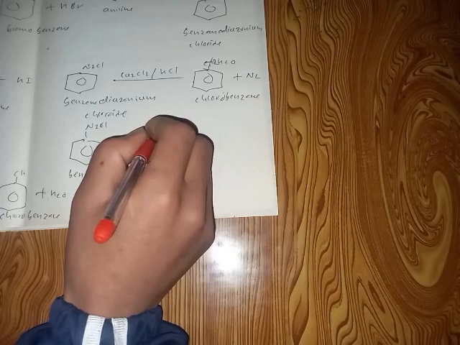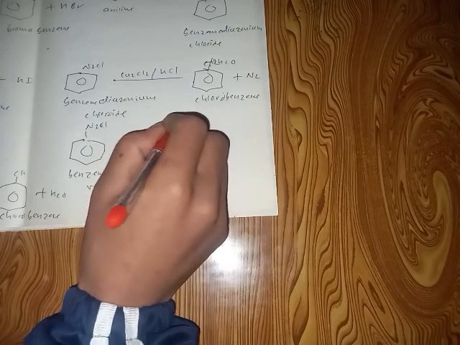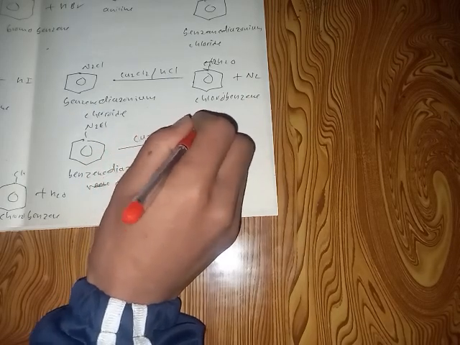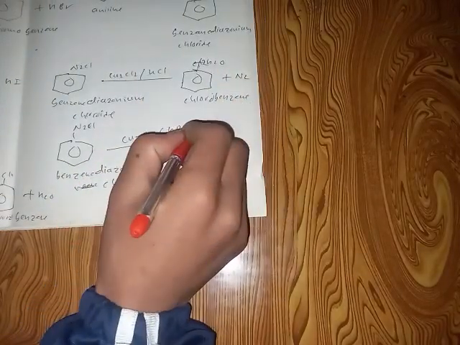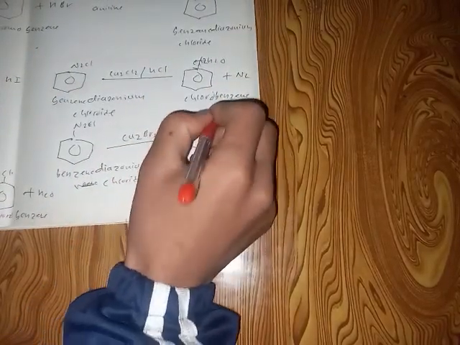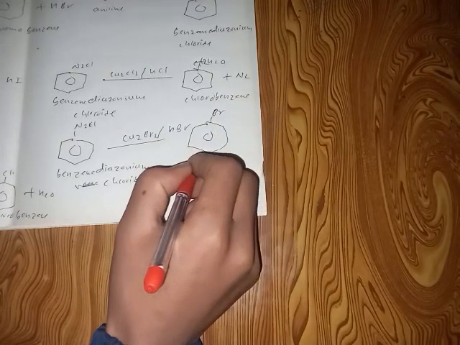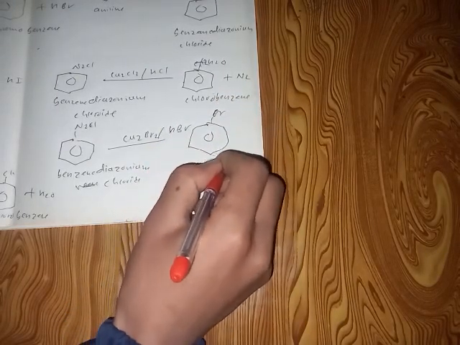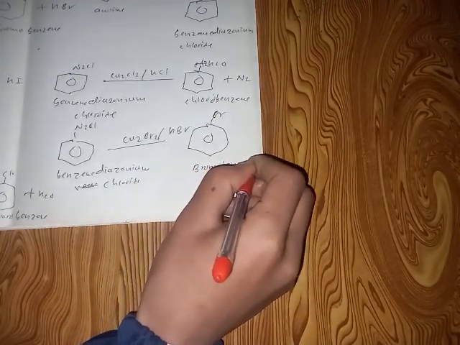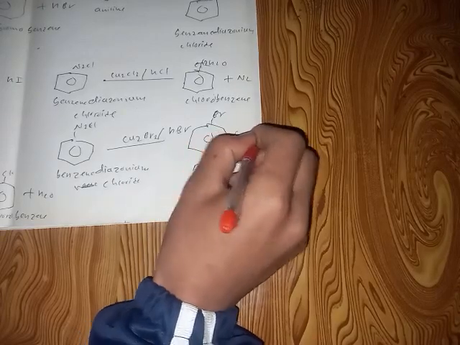Cuprous bromide means Cu2Br2, in hydrogen bromide. And then to give the new product, the name of this compound is bromobenzene, and the side product is nitrogen.